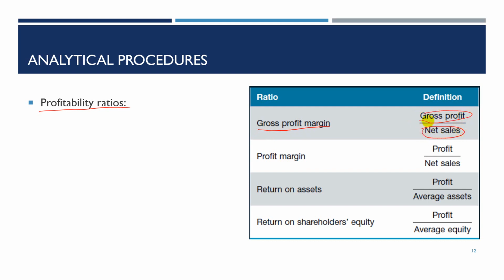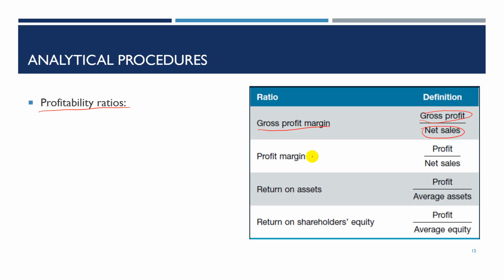This ratio indicates whether a seller of goods has a sufficient markup on goods sold to pay for other expenses. A markup is the difference between the selling price and cost price for goods sold. A decline in gross profit margin indicates that a client may be paying more for their inventory or charging less to their customers.